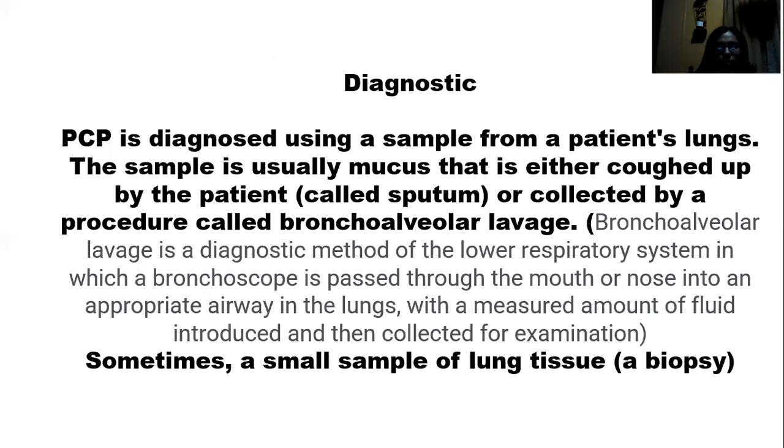The diagnosis for PCP usually uses mucus, either coughed up by the patient, called sputum, or collected by a procedure called bronchial lavage, which is a method of sampling the lower respiratory system in which a bronchoscope is passed through the mouth or nose into an appropriate airway in the lung, with a measured amount of fluid introduced and then collected for examination.